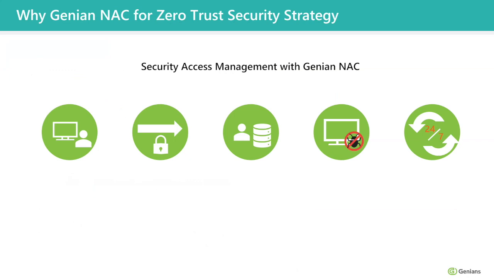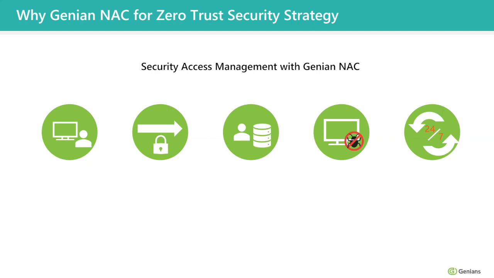I believe that you still remember I haven't mentioned zero trust security when I talked about the mandatory software installation. I simply visualized what the strategy of Genian NAC for zero trust security is. With Genian NAC, users and devices are granted only limited access to the resources that they are meant to have, under the condition of being secure.